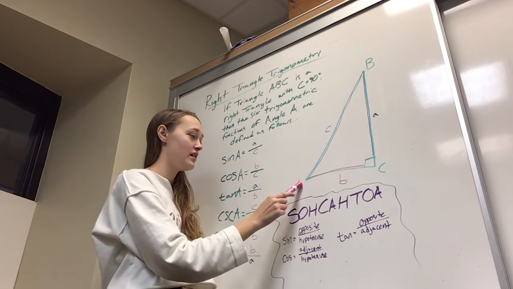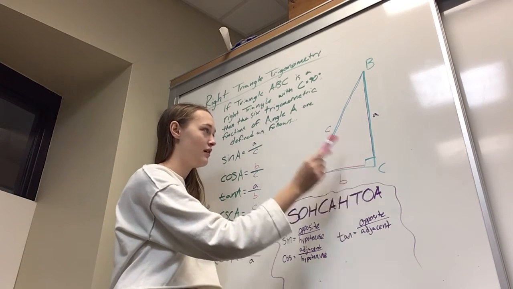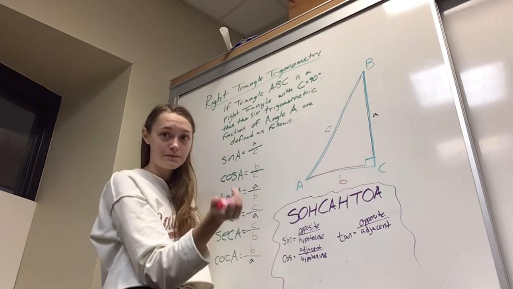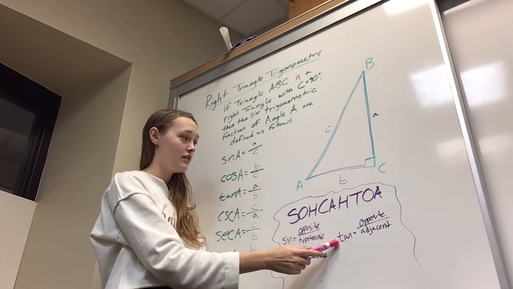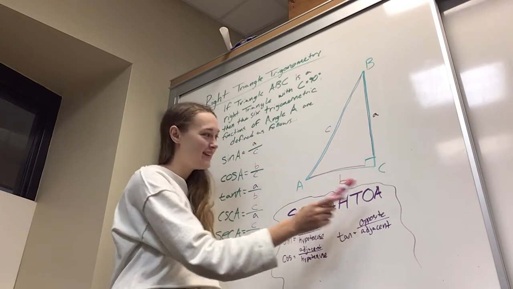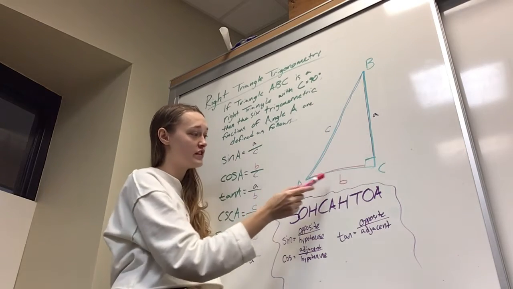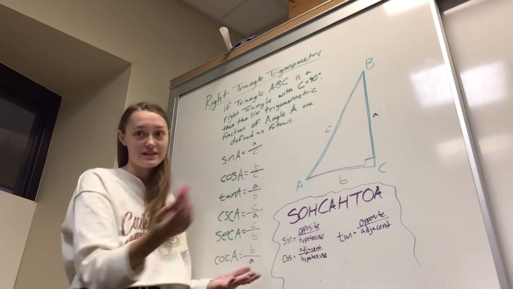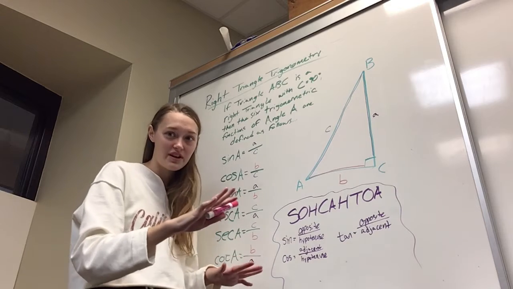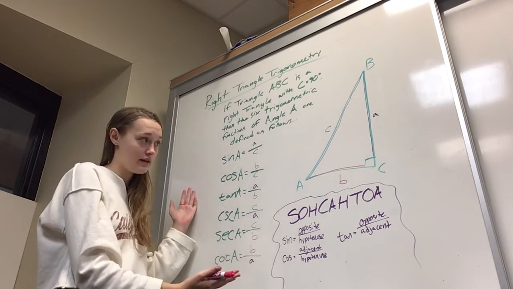So cosine of angle A would be the adjacent side over the hypotenuse, so B over C. And tangent would be opposite over adjacent, which is TOA. So the tangent of A would be opposite A over adjacent B, so A over B, which it is. So if you remember SOHCAHTOA, then you can remember all of these pretty easily.